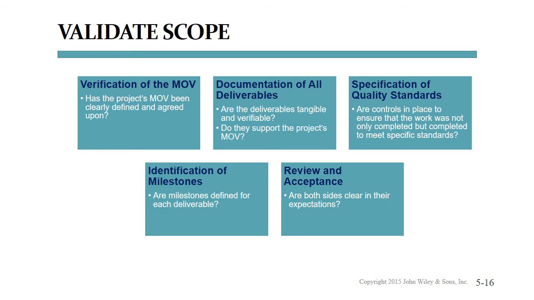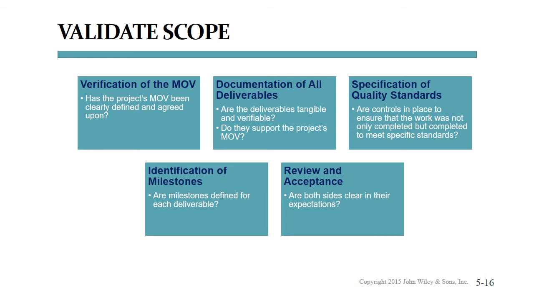And then, of course, since we're validating not just product scope, through testing, but we're also validating project scope, we need to validate that all milestones have been defined in the project delivery cycle and that all milestones have been agreed upon as well and approved by the project sponsor.